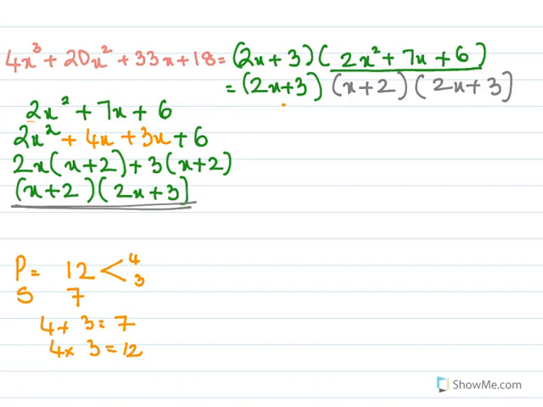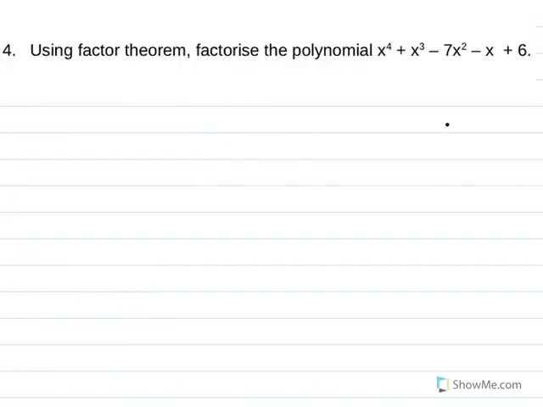In this we need to factorize this entire polynomial. Unlike the other sums, the factor is not given to us. But we know that the constant term is plus 6. Here the constant term is this one, plus 6.